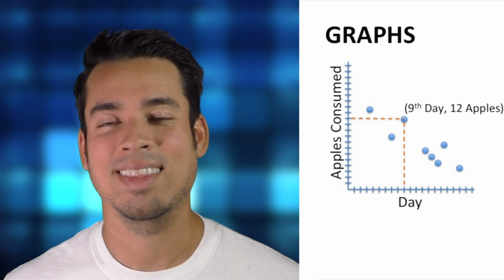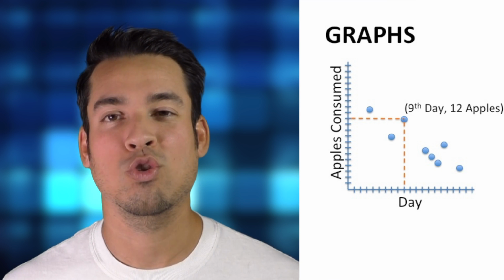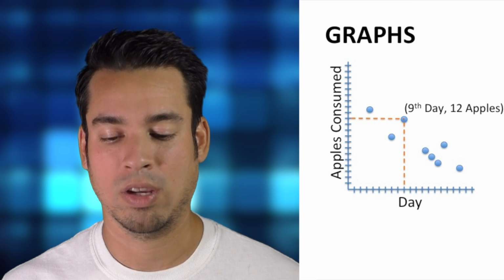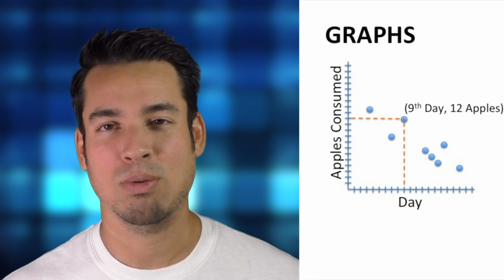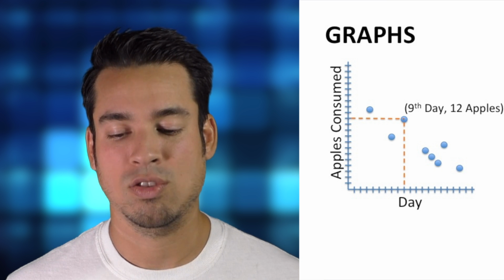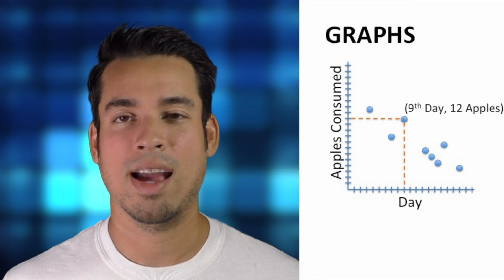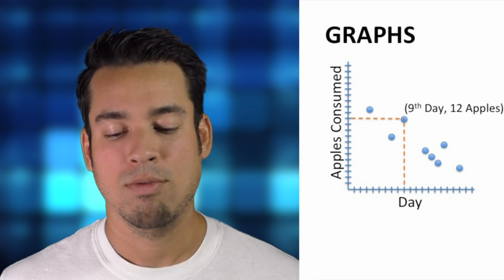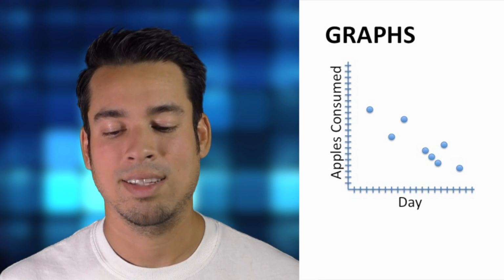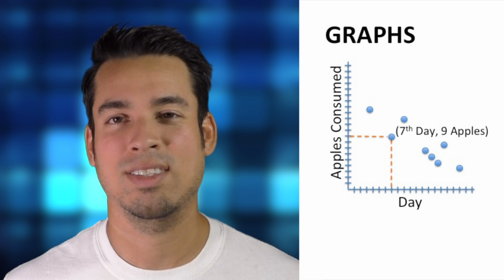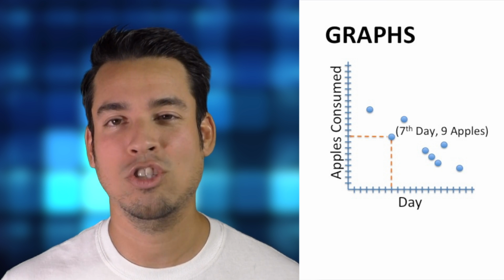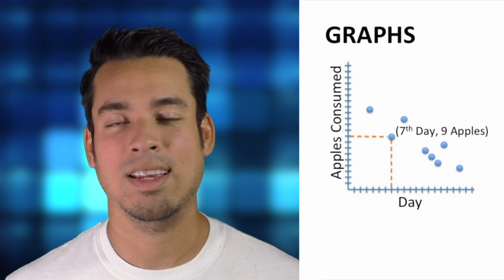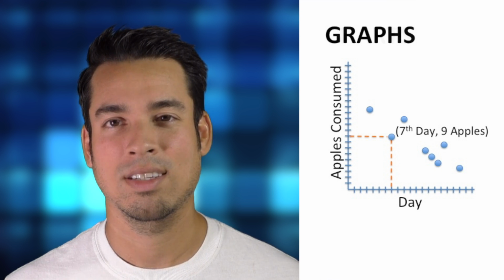What this means is on the 9th day, there were 12 apples consumed, because on that 9th day, that particular point matches up vertically with that 12 mark on the vertical axis. If we look at another point down here, on the 7th day, it tells us that 9 apples were consumed. So you can see there is a relationship between the X and Y values.